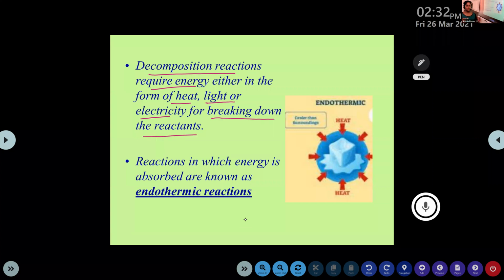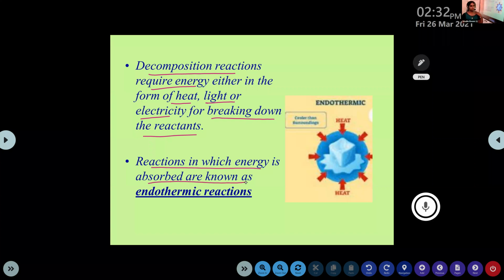So in this type of reactions, they absorb energy or they require energy. The reactions in which energy is absorbed are known as endothermic reactions. We already learned about exothermic, right? What do you mean by exothermic reaction?